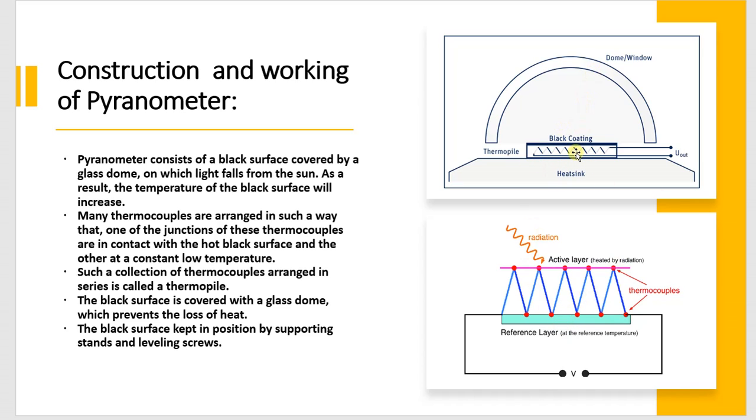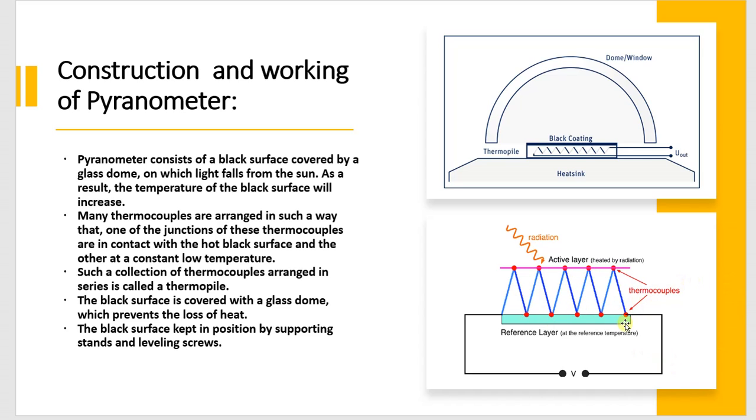Now when light falls on this black coating, the temperature of this surface increases, and these junctions are in contact with this black surface, so the temperature of these junctions also increases. And we know the bottom surface is at a low temperature. When there arises a temperature difference, a current will flow through this circuit.